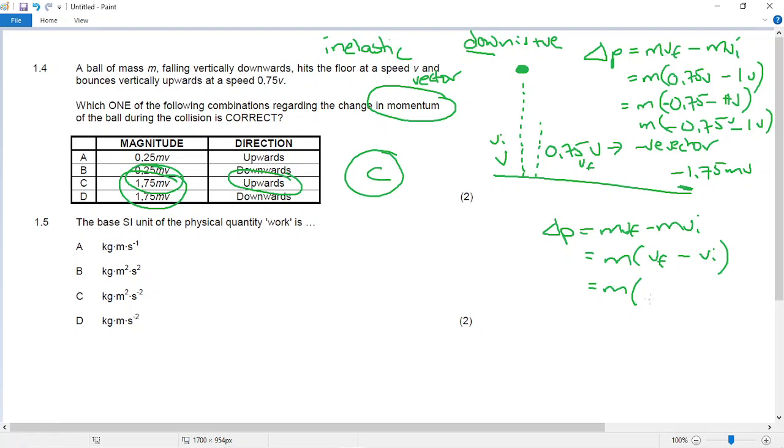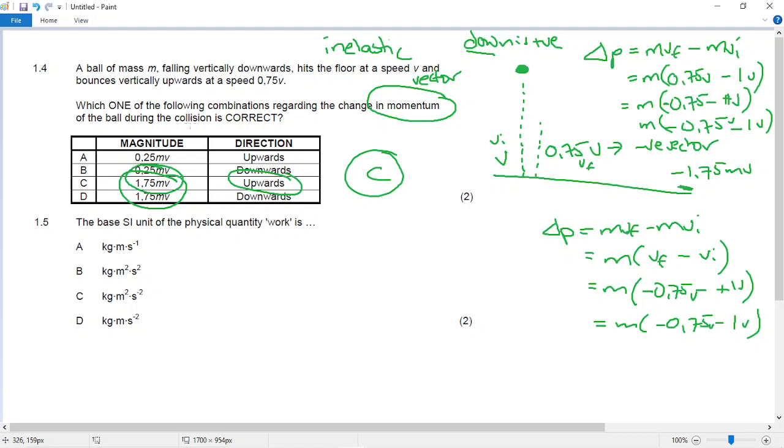So if down is positive, this is minus 0,75 minus positive 1v. So a minus and a plus makes a minus. I get m times minus 0,75 minus 1v. Look at me leaving these v's out. Okay, and that will be how you get your answer.